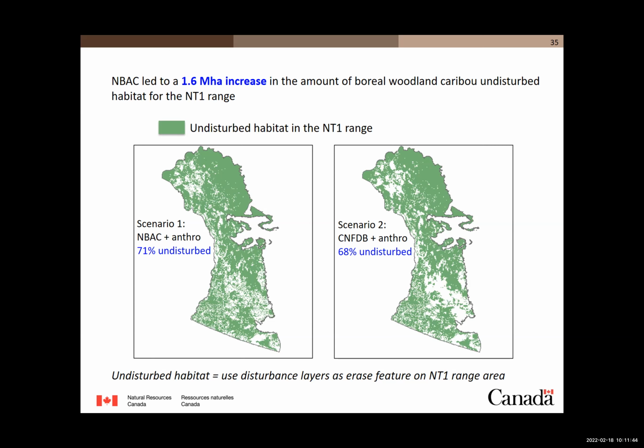Now, in comparison to the 65% threshold, using the Canadian National Fire Database data, which Environment Canada uses, we found the proportion of undisturbed habitat was above the level at 68%. But with NBAC, it was 71%, and that's just based on the addition of those 1.6 million hectares of undisturbed area.